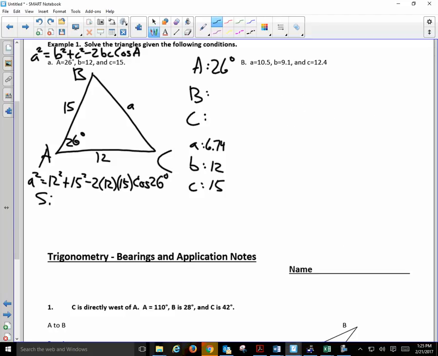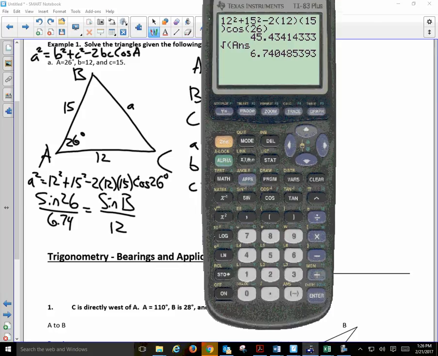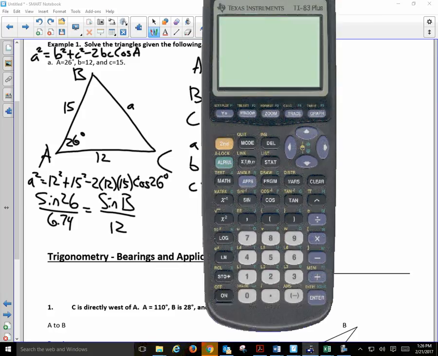Here we go. Sine of 26 over 6.74 is sine of B divided by 12. And we cross multiply. 12 sine of 26 divided by 6.74. And I made a mistake, so I go 2, and I don't need the parentheses.